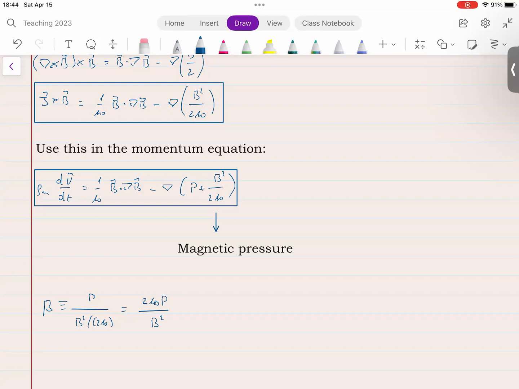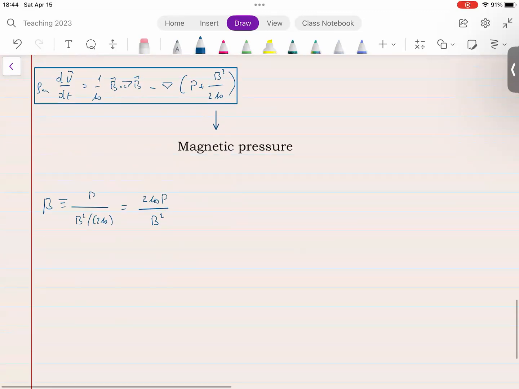And that is a quantity that we find in plasma physics all the time, and that's going to tell us whether the pressure forces are larger or smaller than the magnetic pressure forces, which one is dominating.